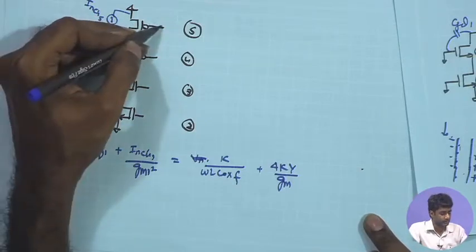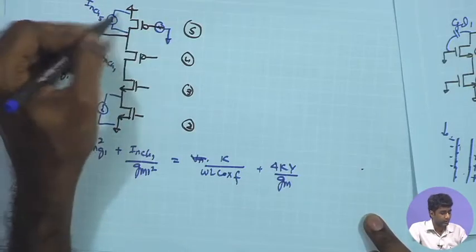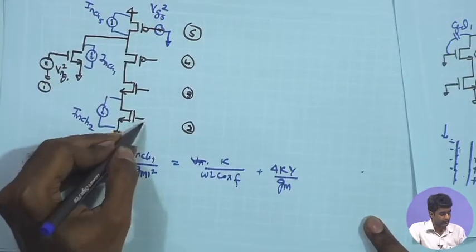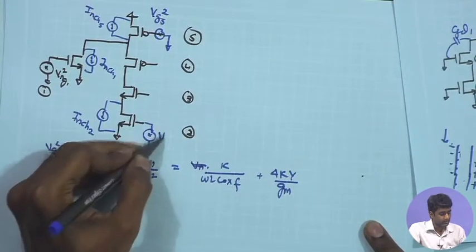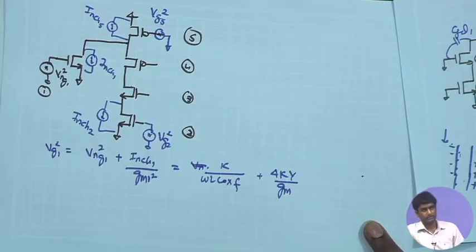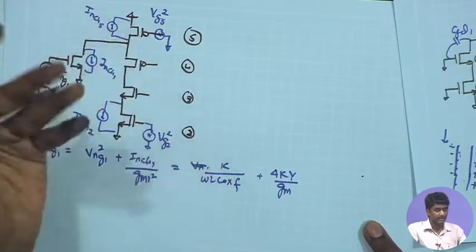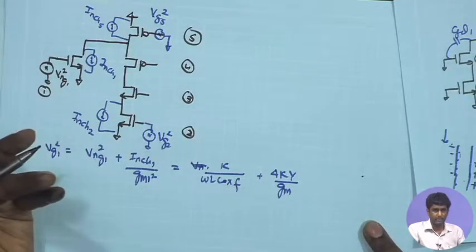I can express the total noise of this MOSFET as VG1 square, and likewise for M2 I can represent it as VG2 square, as simple as that. And then for each of these I can see that they are acting like the input device of a cascode amplifier.